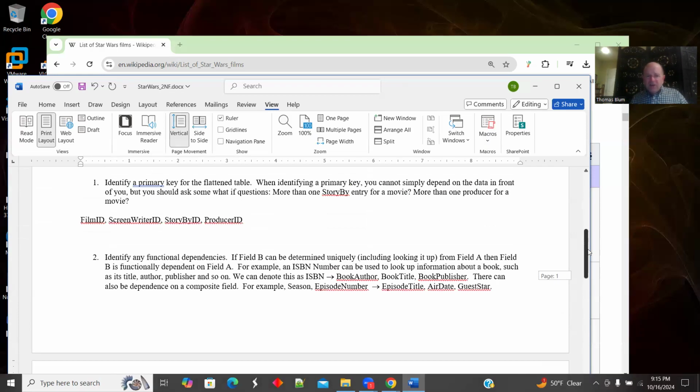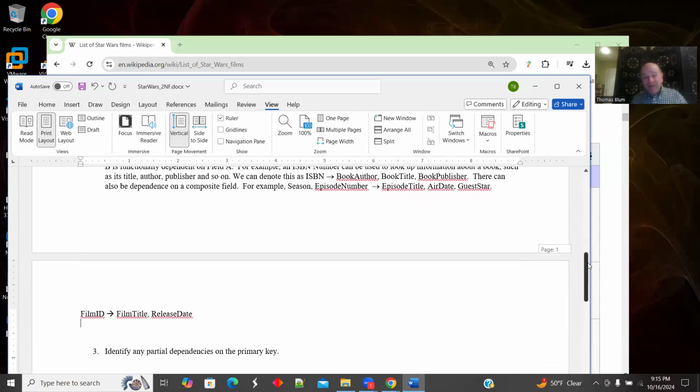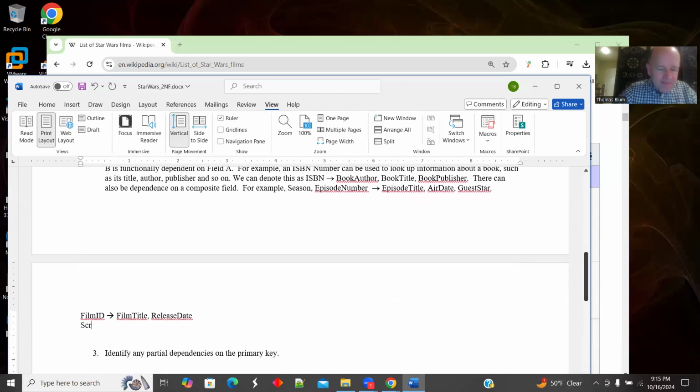Now I have all these other IDs, and I'm going to say that the screenwriter ID determines the screenwriter name, screenwriter ID gives me the name.